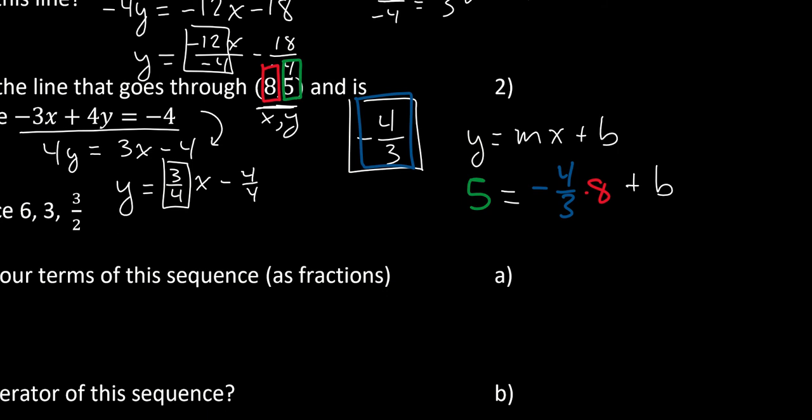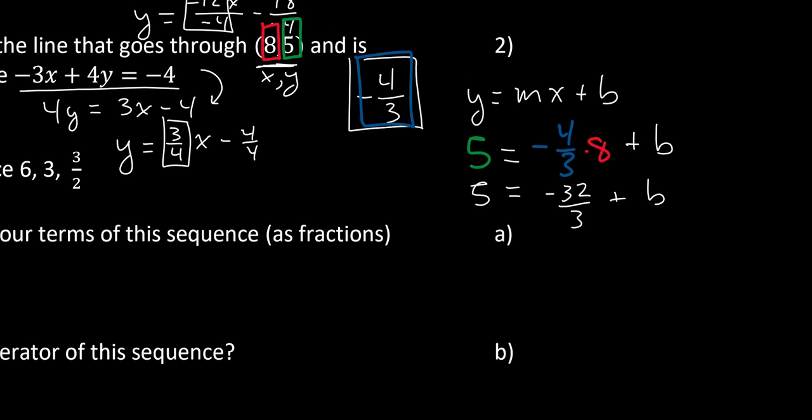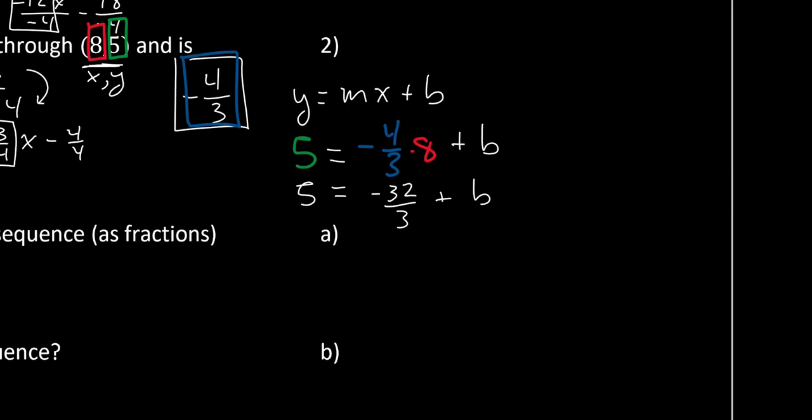Well, it's not the prettiest thing in the world, but let me simplify it one step. 5 is equal to 4 times 8, which is 32, so negative 32 thirds, and then plus b. So I'm going to add 32 thirds to both sides. I'm running out of room here, so I'll bring this up to here.